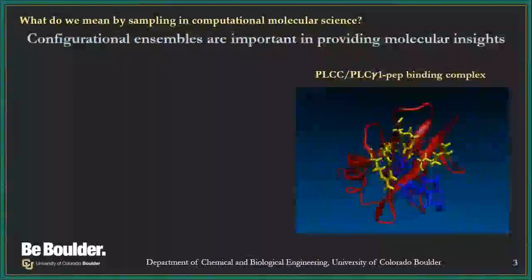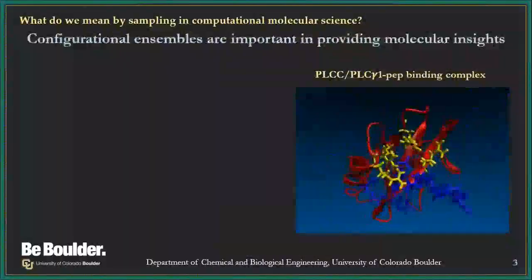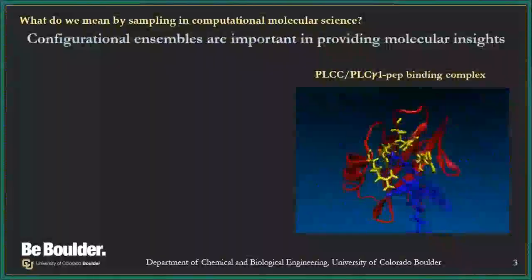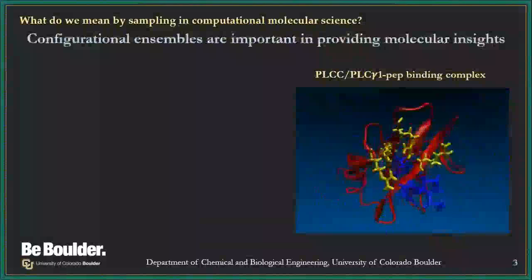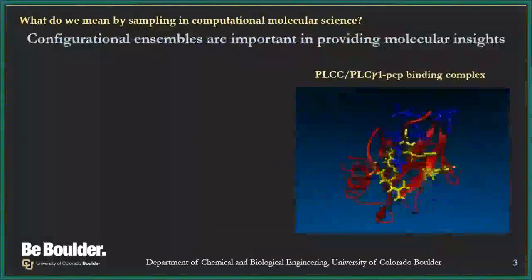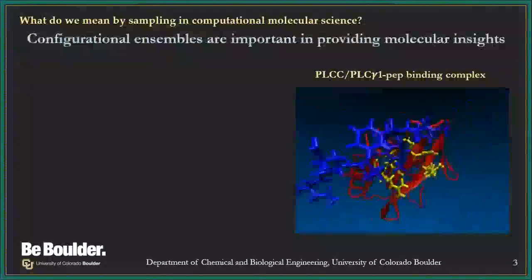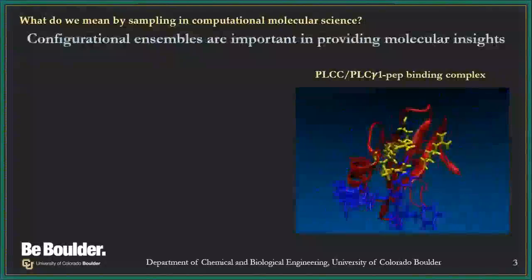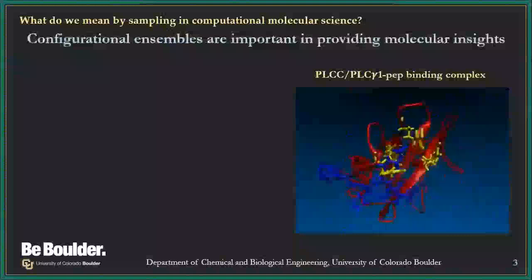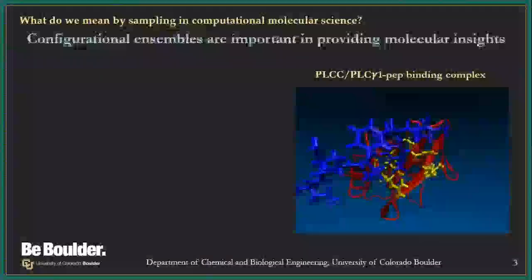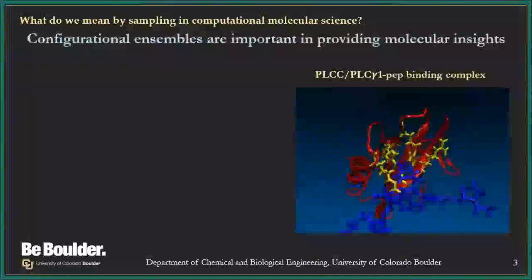So why do we care about the configurational ensemble or the Boltzmann distribution of a biomolecule? The short answer to this question is that with configurational ensembles, we will be able to answer questions that cannot be addressed by experimental methods. In this animation of the protein-peptide binding complex, the peptide is colored in blue, while the protein is colored in red, with four of its residues colored in yellow.